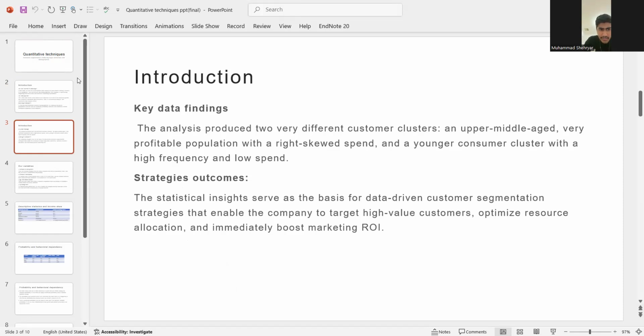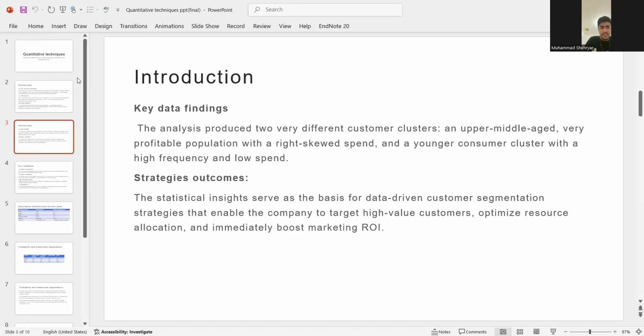In the key data findings, the analysis produced two very different customer clusters: an upper middle-age, very profitable population with right-skewed spend, and a younger consumer cluster with high frequency and low spend.